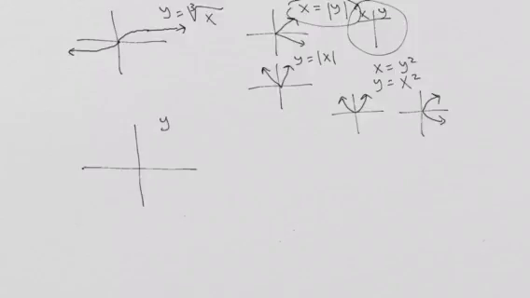Piecewise functions: y equals x squared in the case where x is greater than 3, and y equals negative 2x plus something in a particular case.